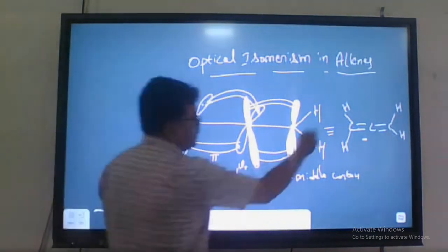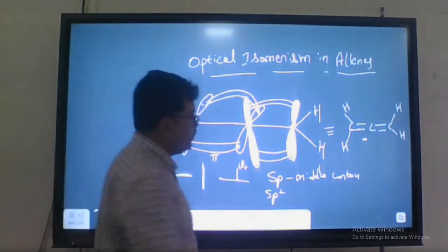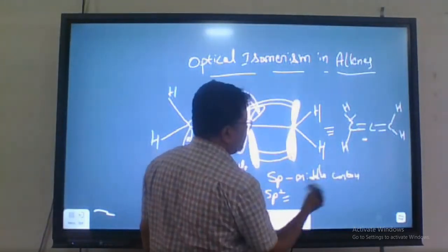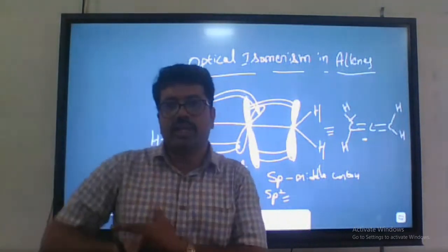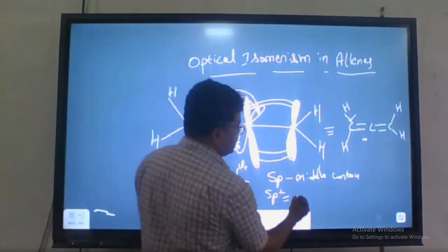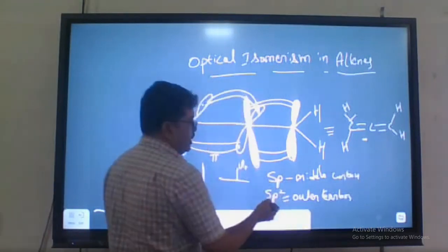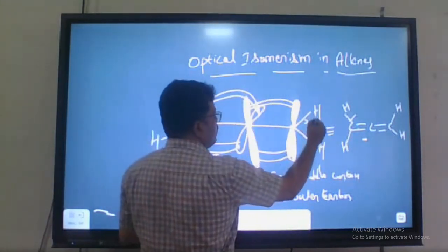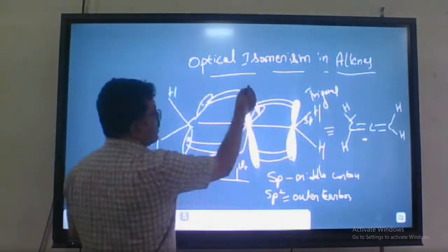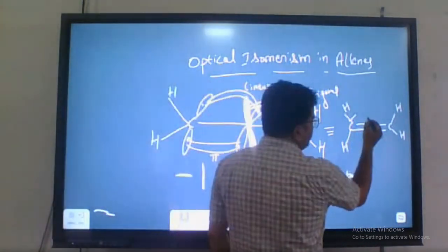The outer carbons are sp2 hybridized, and the middle one is sp. The outer carbons are trigonal, and the middle is linear. This is linear.